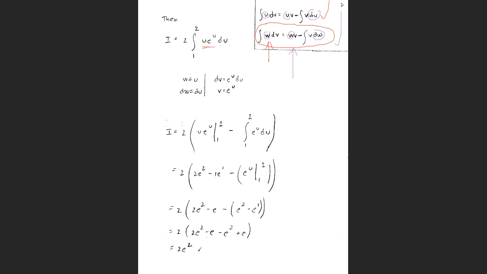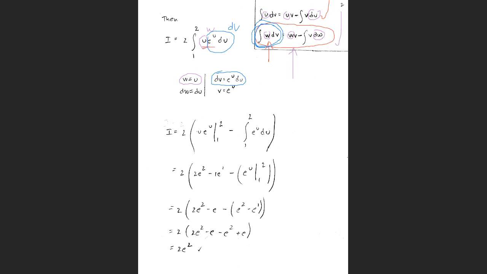And I'm going to let w equal u, and I'm going to let dv equal e to the u du. Okay, and so I'm starting here on the left-hand side of this integration by parts formula.